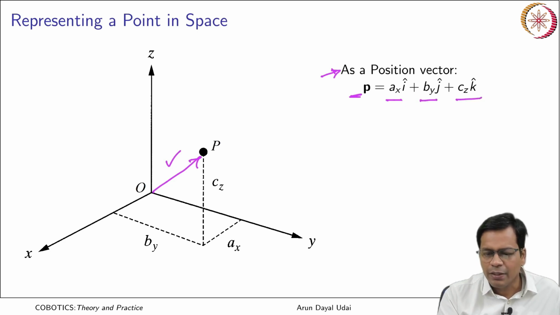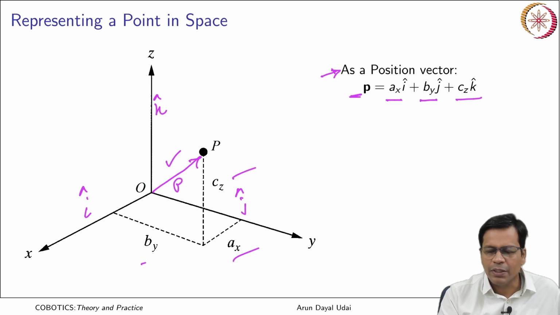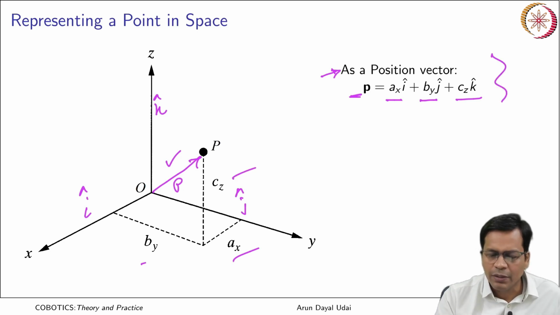So i, j and k are three unit vectors along these orthogonal axes. So ax, by and cz are basically the projection of this position vector along x, y and z. This is a well known fact, by now you already know this.